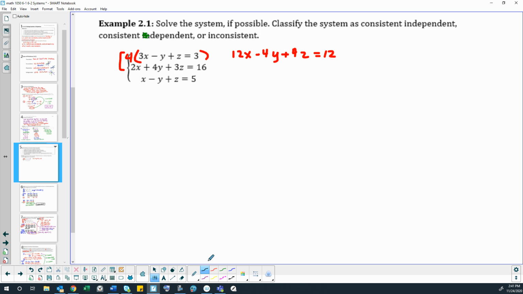I don't need to multiply anything for that bottom part. We're just going to copy that over. So 2x plus 4y plus 3z equals 16. Add those together, we get 14x, we get 0y, I'm not even going to bother writing it, plus 7z equals, make sure I'm adding correctly, I believe it's 28.